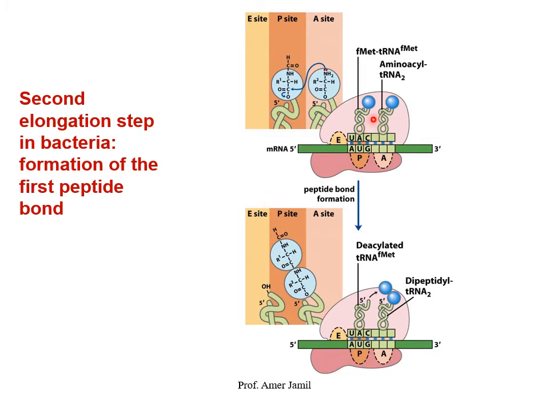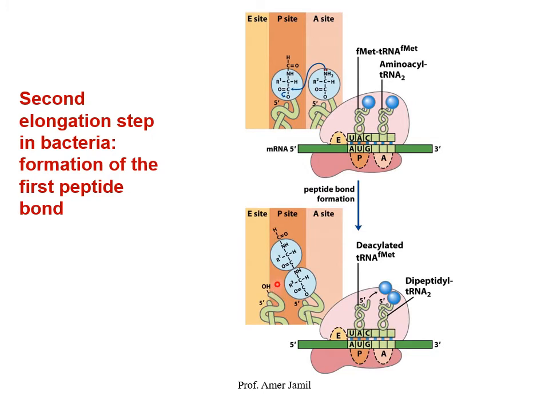And this first amino acid, formylmethionine, is transferred to this second amino acid, and this peptide bond is synthesized between these two. And you can see this is the peptide bond, which is C double bond O NH.